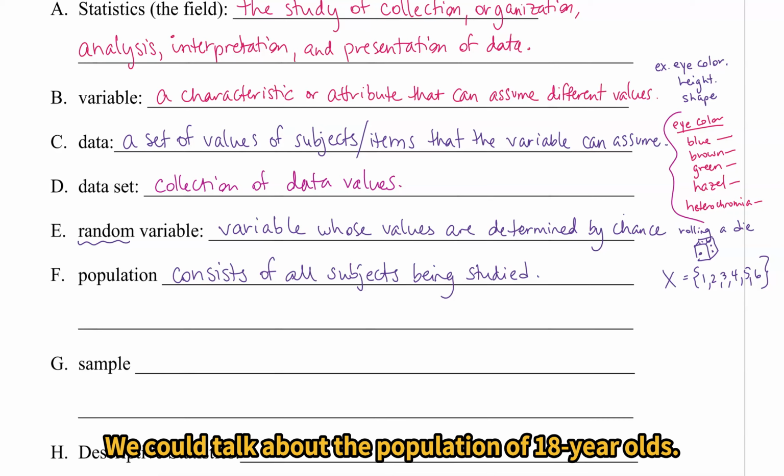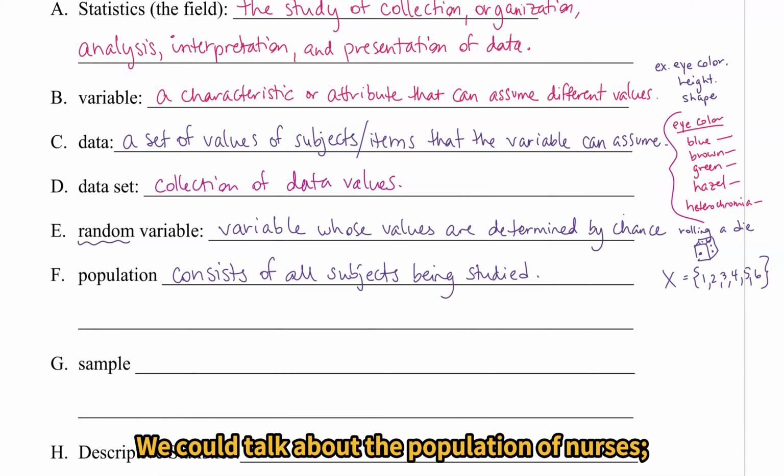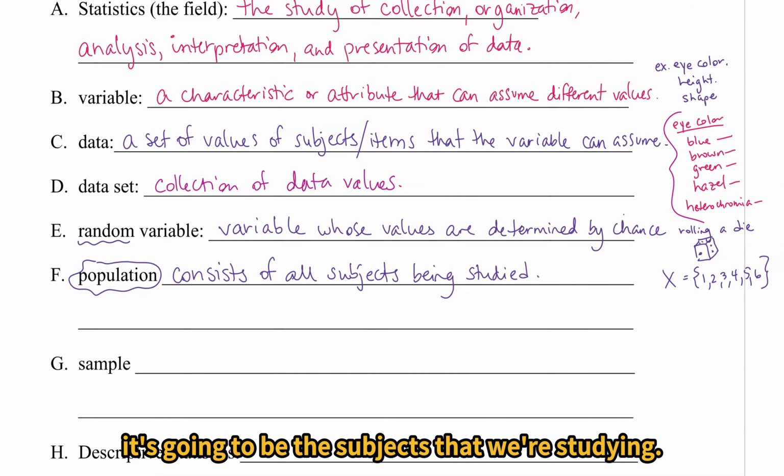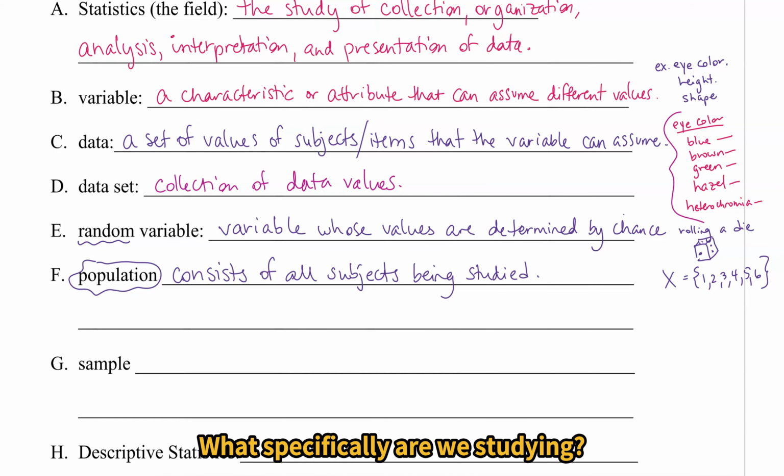We could talk about the population of 18-year-olds. We could talk about the population of nurses, the population of adults, 18 and over, the population of children. So this idea of population, it's going to be the subjects that we're studying. What specifically are we studying?